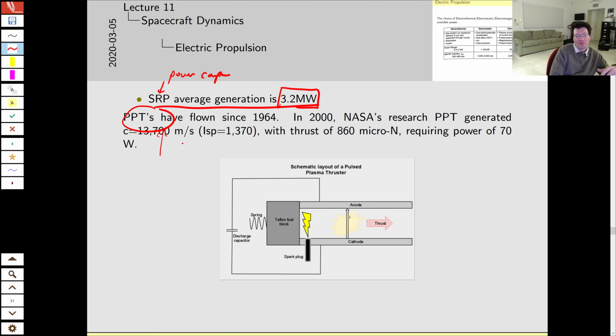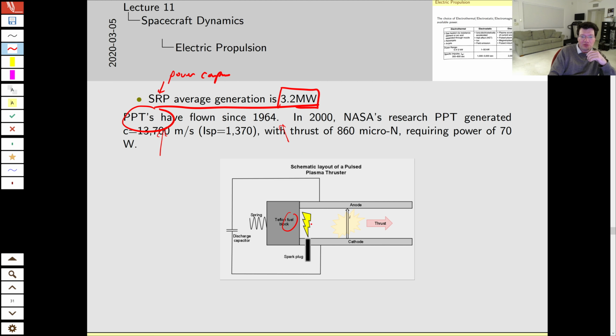PPTs, again, the final class of thrusters I want to mention, are relatively old pulse plasma thrusters. So basically, you charge up a capacitor, right? You have your Teflon block here.